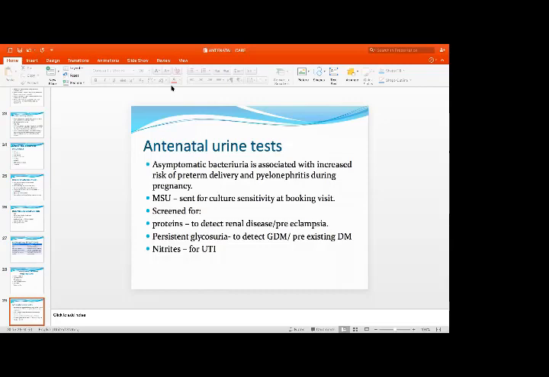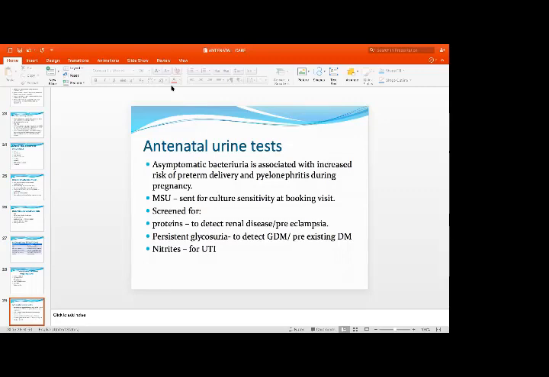Whenever we send urine, it is screened for proteins, glucose and nitrites. Proteins to detect any proteinuria for preeclampsia and renal disease, and glucose to see persistent glycosuria to detect gestational diabetes mellitus or if she has pre-existing diabetes.